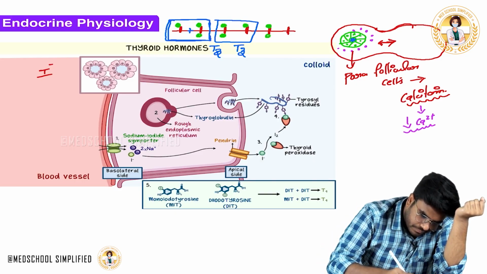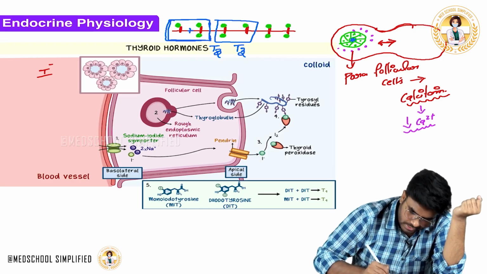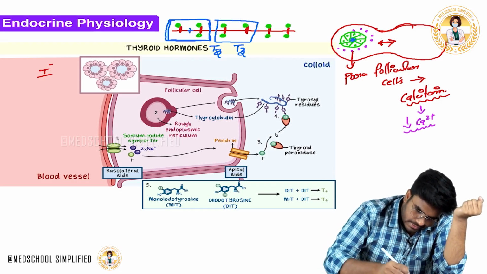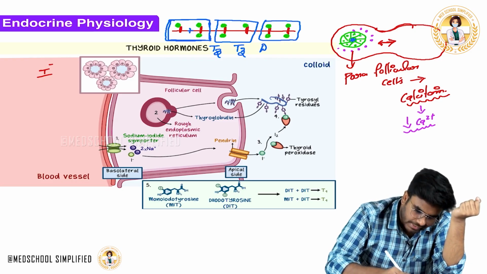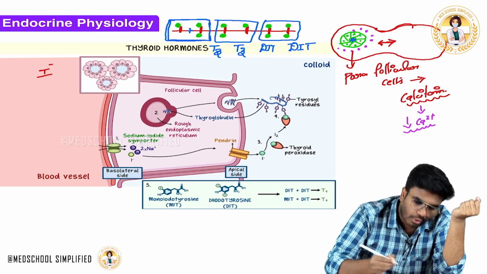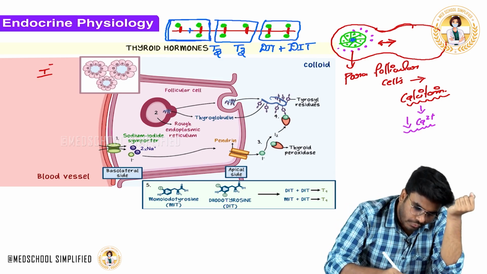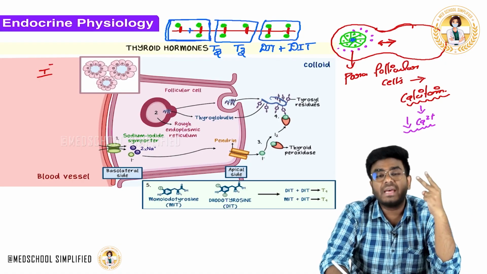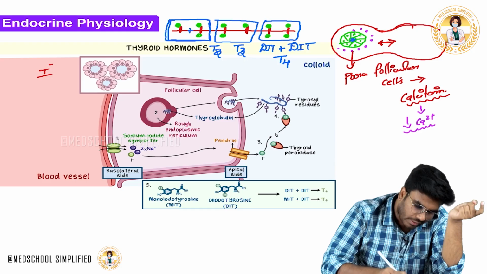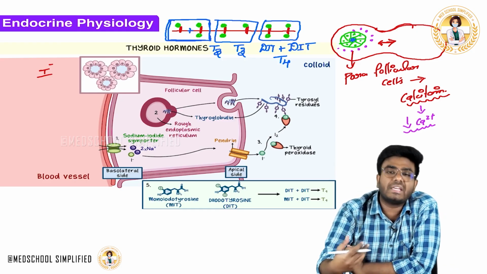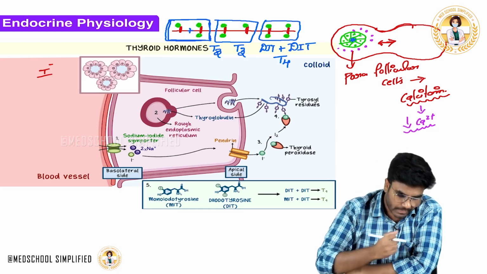Now for example, let's see here. This is DIT, diiodotyrosine. This is also diiodotyrosine. Now our thyroid peroxidase is going to fuse one DIT with the other DIT. If you fuse two diiodotyrosine molecules, that will yield T4, tetraiodotyrosine or thyroxine, the T4 hormone.